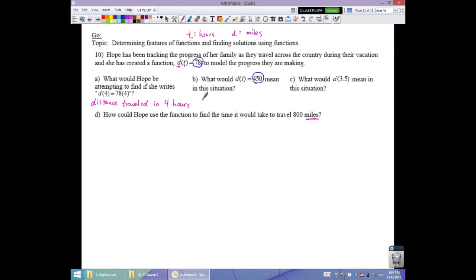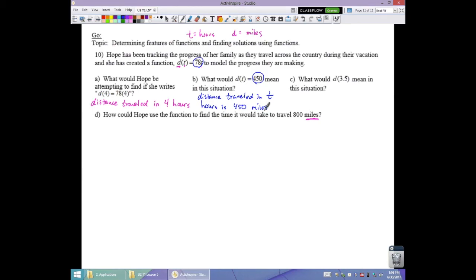So it means the distance traveled in T hours is 450 miles. And we do not have the number of hours. We could solve for it, weren't asked to, but that's what it stands for, is the distance was 450 miles, how many hours?